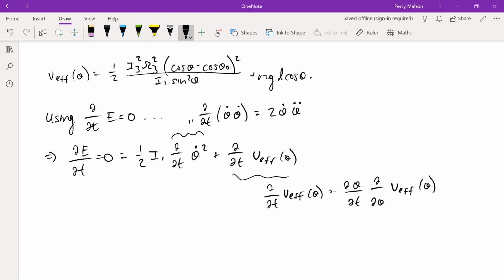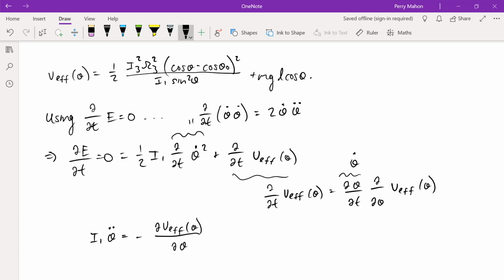Pulling this all together, what we end up finding is that I1 theta double dot is equal to minus dV effective of theta by d theta, just by using that this is equal to theta dot, and then the theta dot terms will cancel.